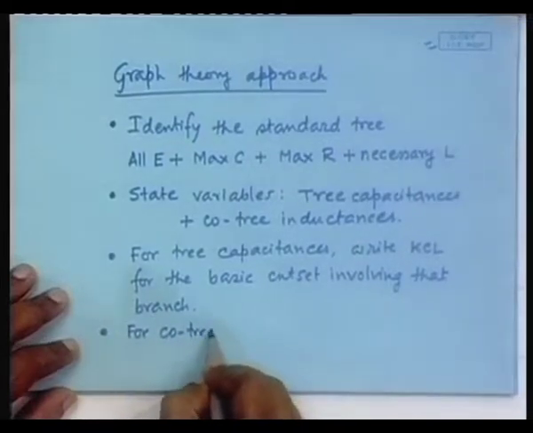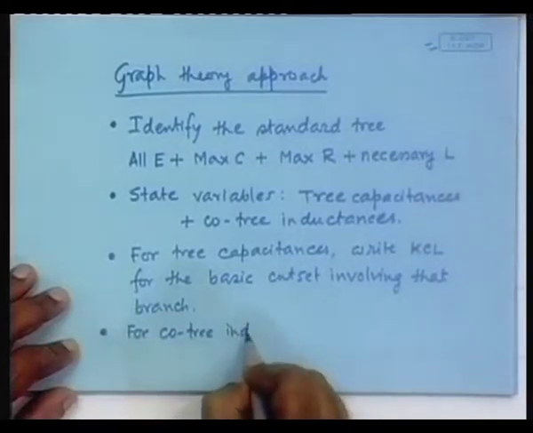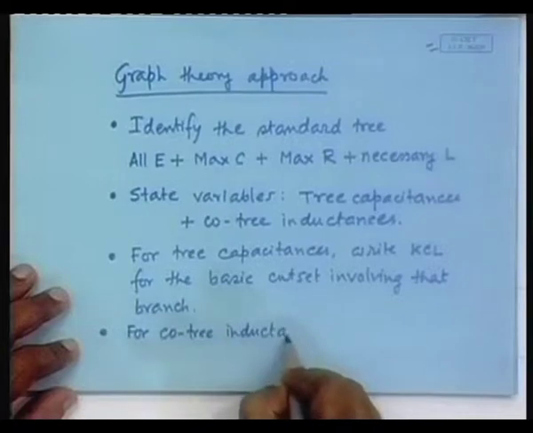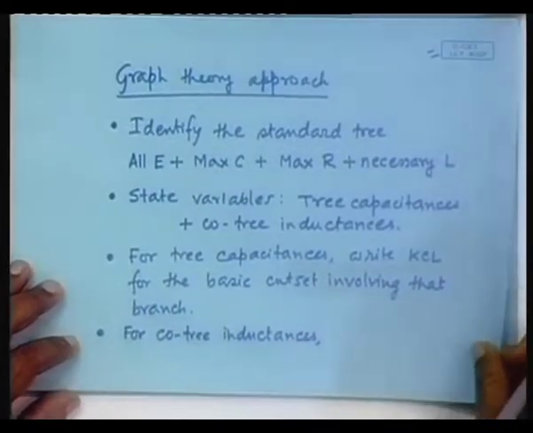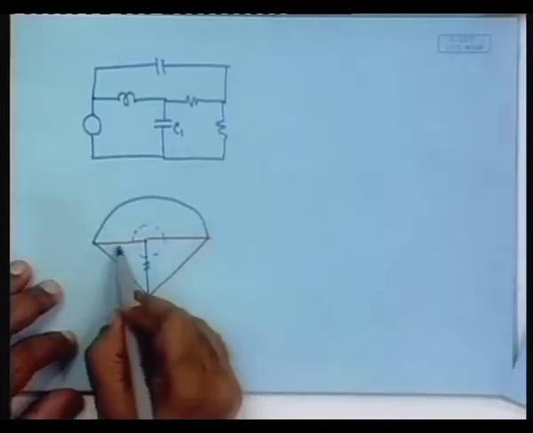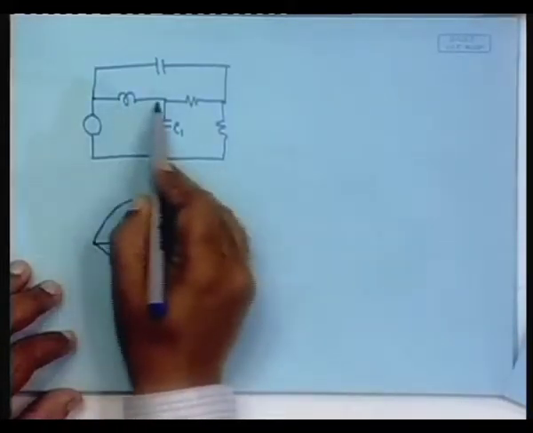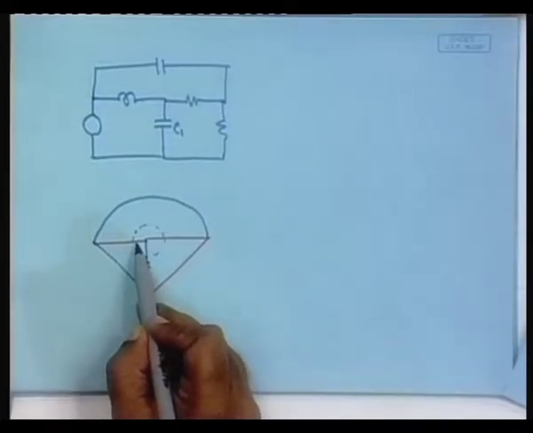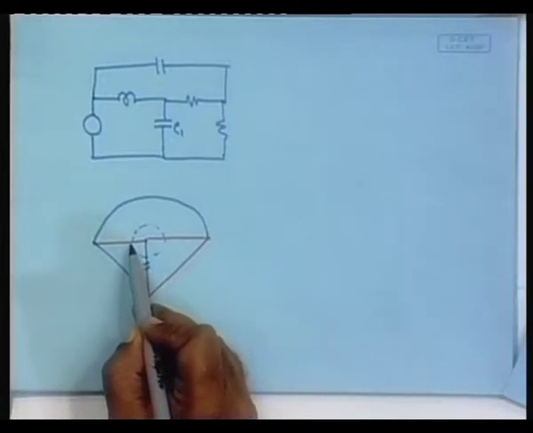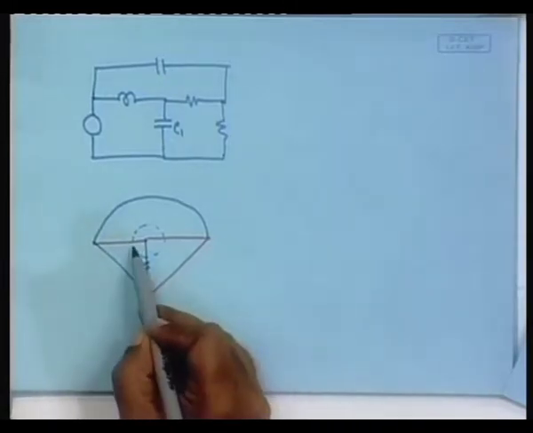And for co-tree inductances, so when we start with the co-tree inductance here, this one, how do we start? We start with the basic loop involving this particular branch. What is the basic loop?